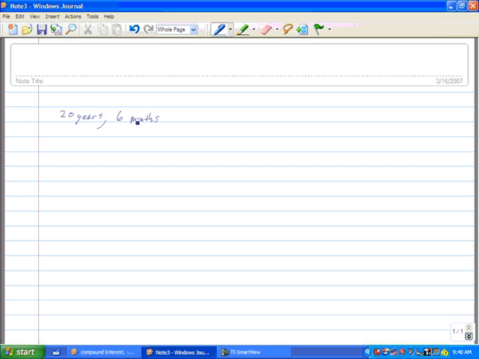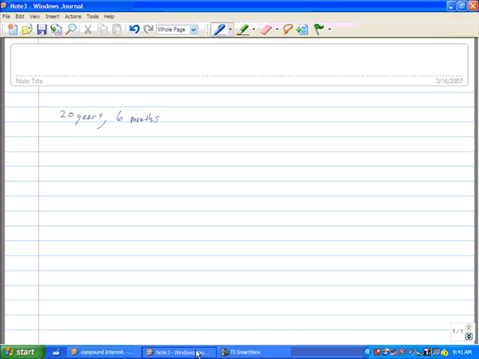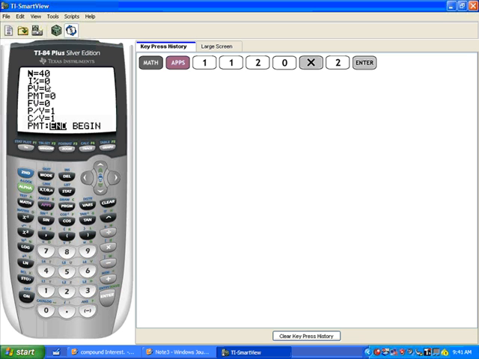So that's 20 years twice a year. On the calculator, that's 20 times 2. So that's 40 times your money is going to be compounded. Alright, and let's say our interest is 10%. On the calculator, that goes in under interest as a 10.